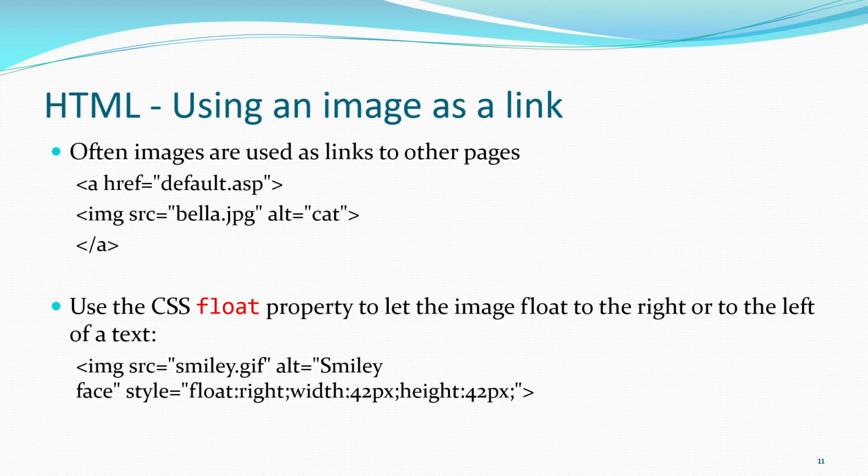Instead of the text, we insert the image. That's as difficult as it gets. Now, for some fun, why don't you have a play with the CSS float property and see how that affects the behavior of your image.